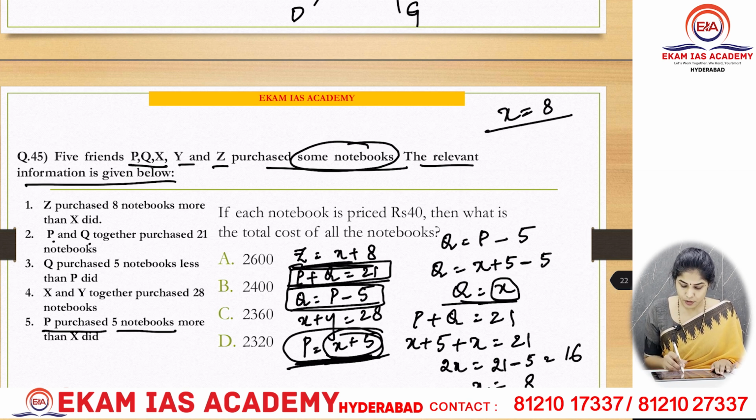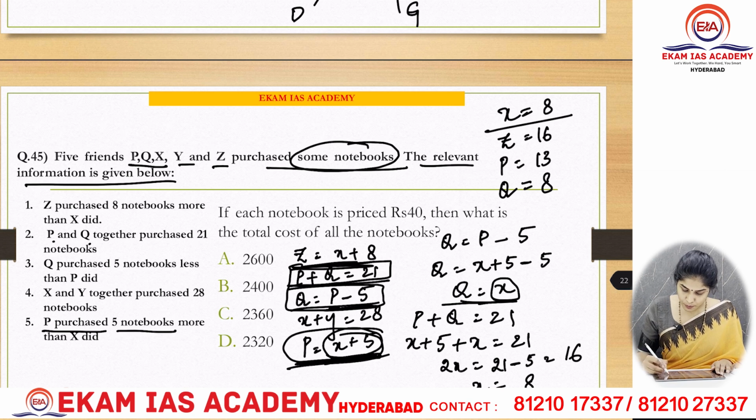So substitute: Z is equal to 8 plus 8, 16. P is equal to X plus 5, which is 8 plus 5, which is 13. And Q is equal to P minus 5. We know the value of P, which is 13, and minus 5, which is 8, right?